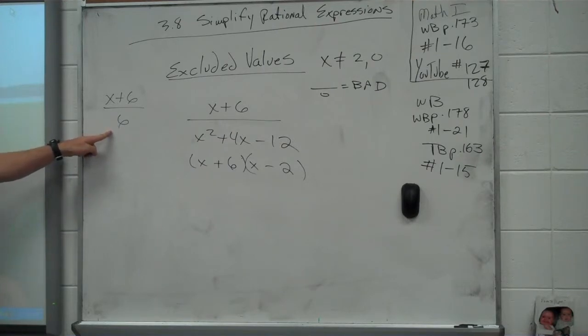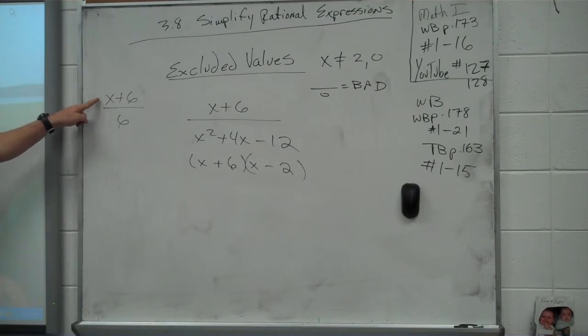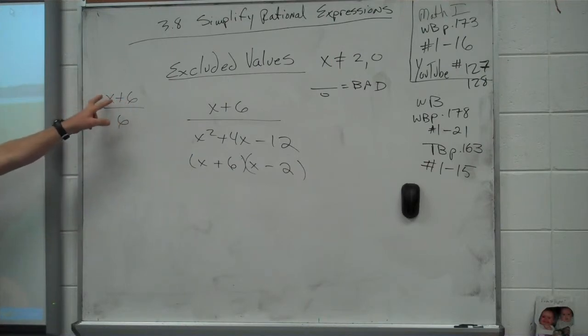If you got one on the top, you need one on the bottom in order to cancel. These 6's don't cancel. They sure want you to cancel them, but they don't. Why? Because that's a binomial. Binomials only cancel with other binomials.